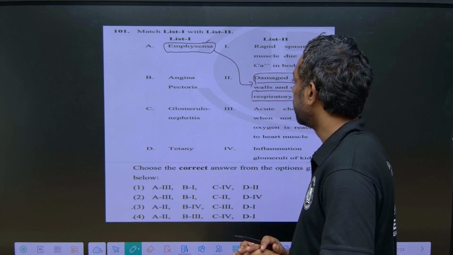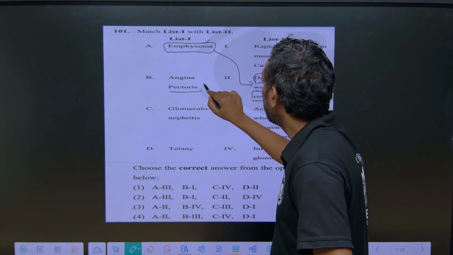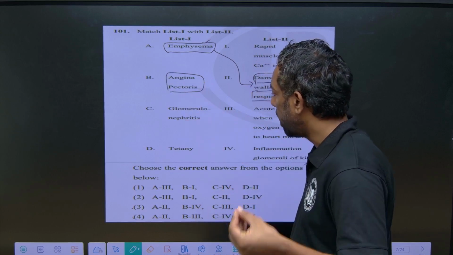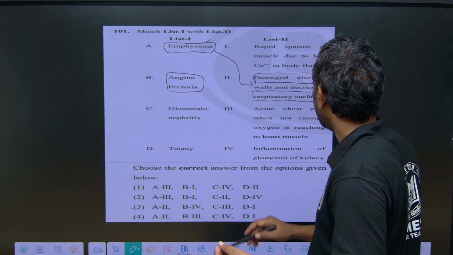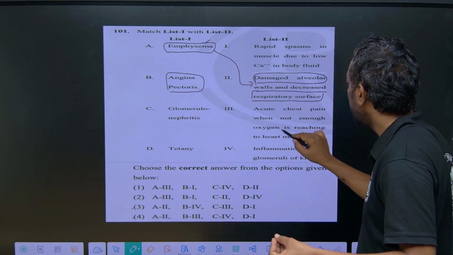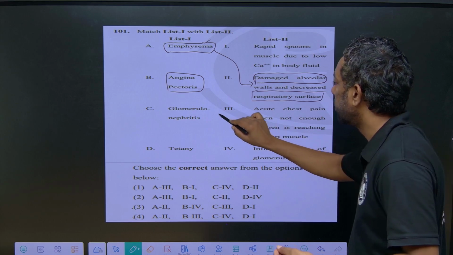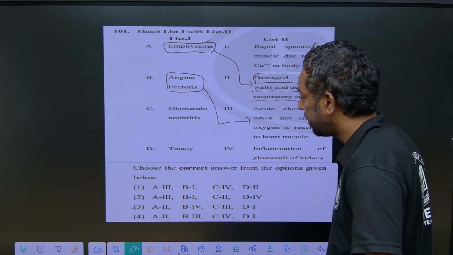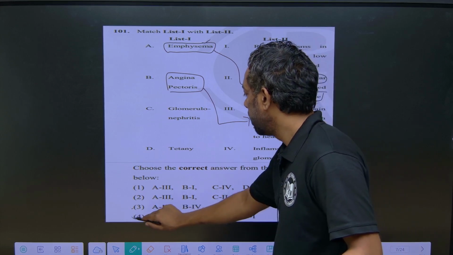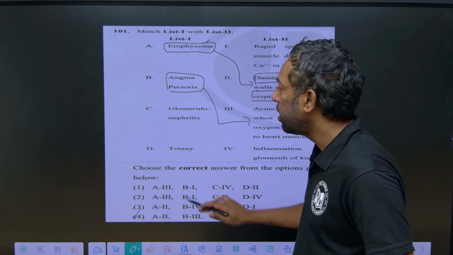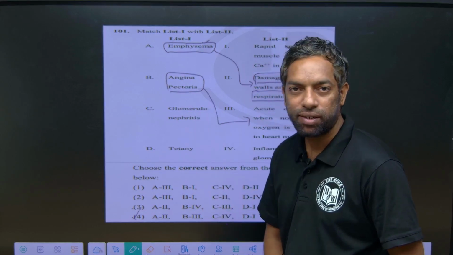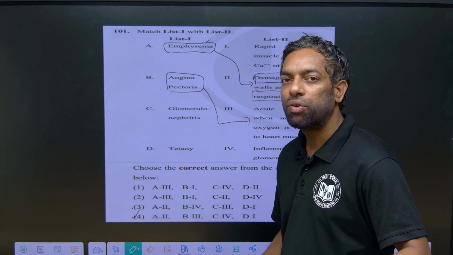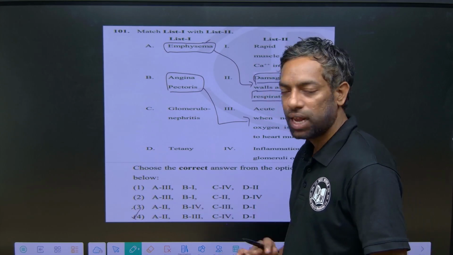Angina pectoris. This is about the heart, guys. Acute chest pain when not enough oxygen reaches the heart. So B is 3. No need to read the next options. This is the answer, guys. You have to save your time through this elimination method.